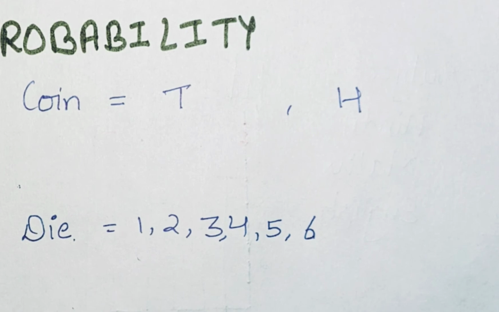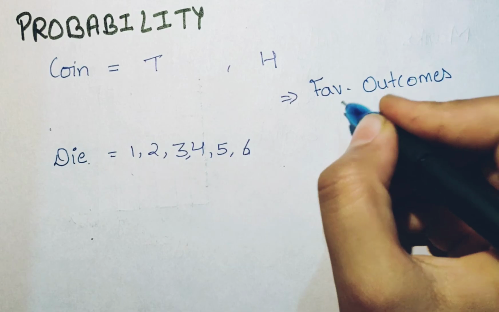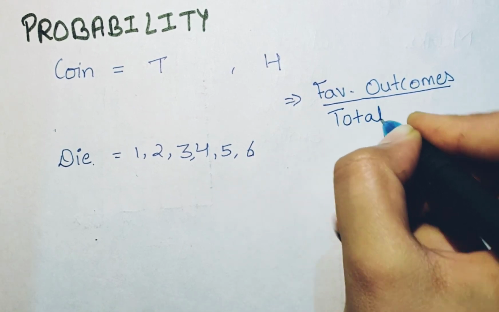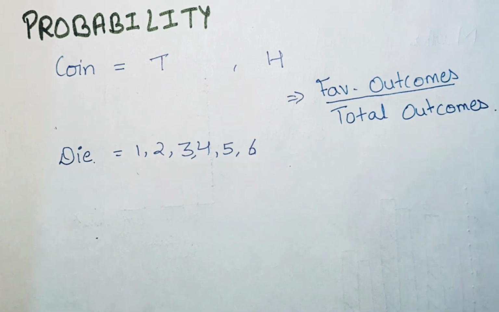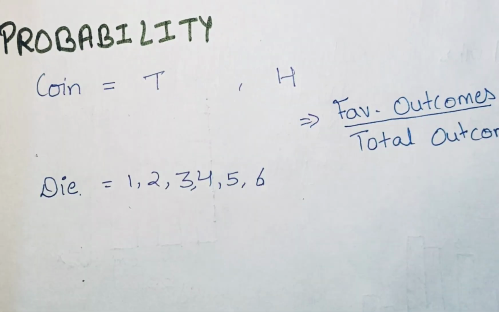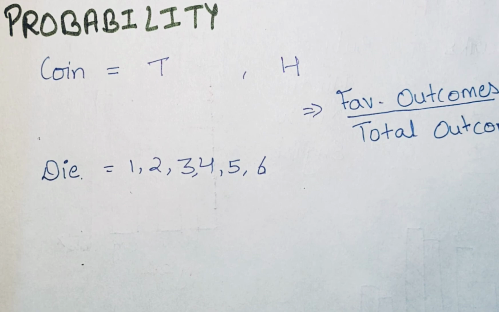Now how do we find the probability? So there is a formula for finding the probability, that is favorable outcomes upon total outcomes. Now, you and your friend were at the shop and you were deciding by whose choice the chocolate you will buy. So now you chose tail and your friend chose head.